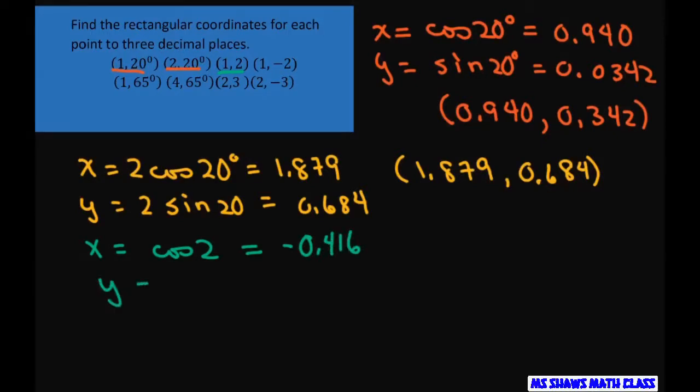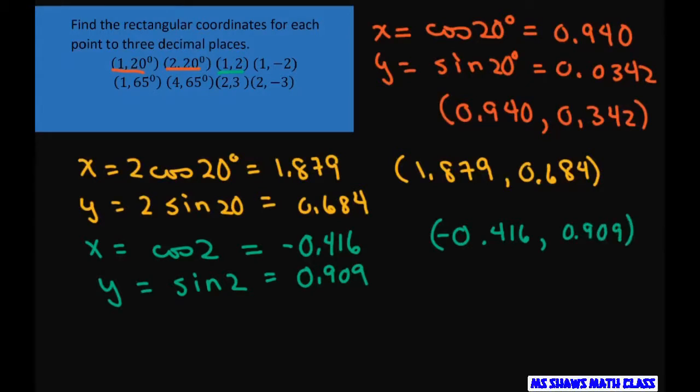And y equals sine of 2 radians, and that's going to equal 0.909. So that gives you negative 0.416, comma 0.909.